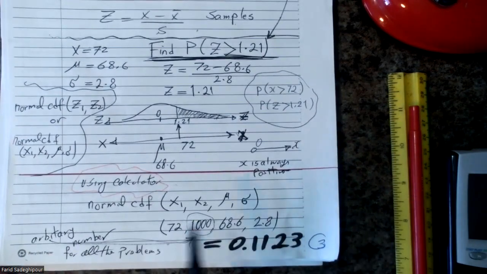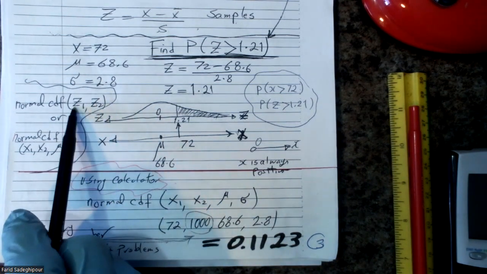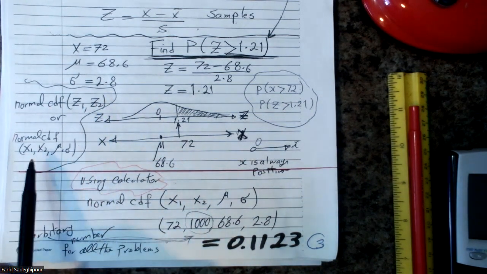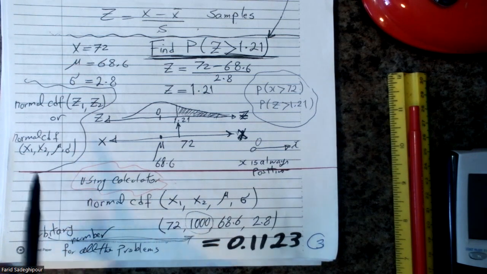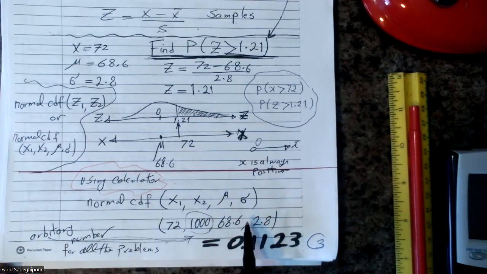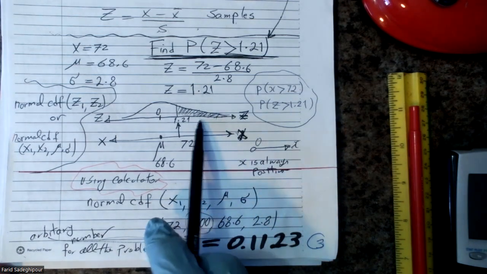So if you want to use a calculator for normal CDF and you already know z1 and z2, then you just use this formula. If not, then you need to let the calculator know that the mean and standard deviation are not 0 and 1 anymore. You have to give them to the calculator. Like in this problem, x is 72, so we want to go all the way from 72 to the end.